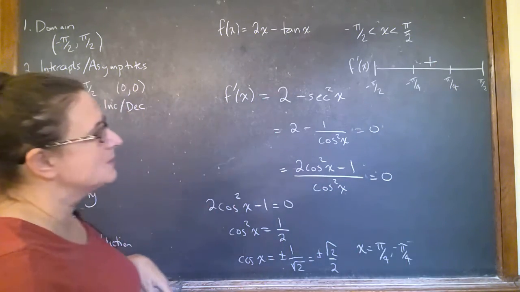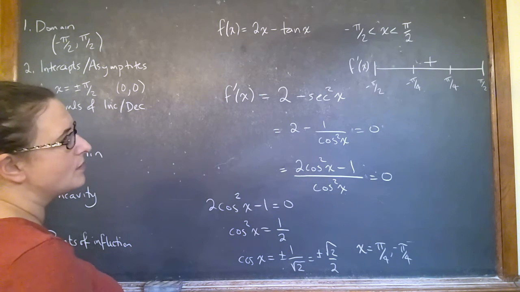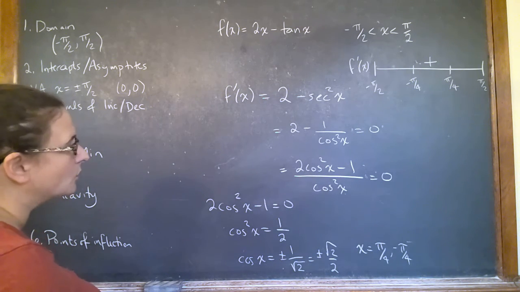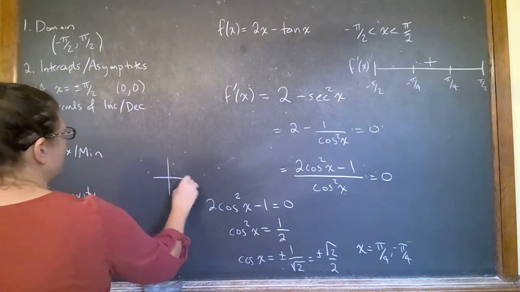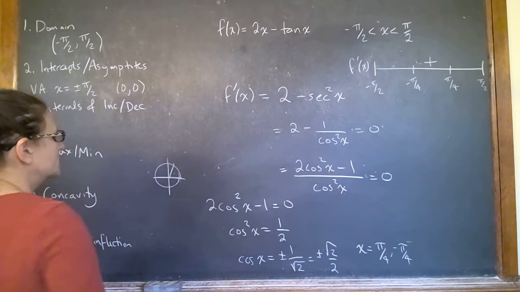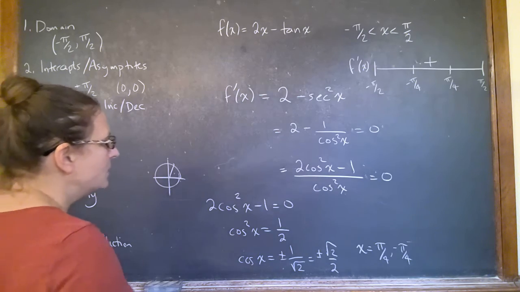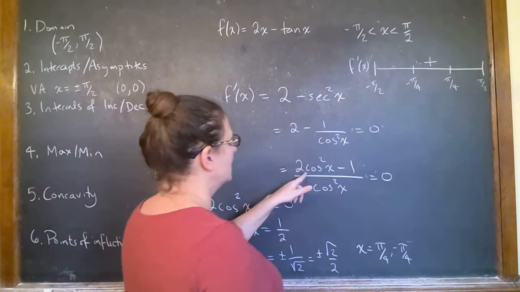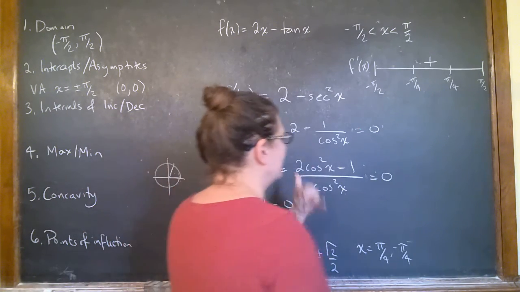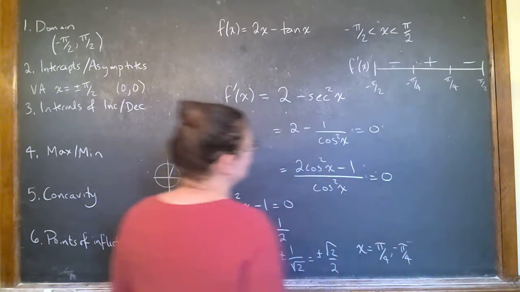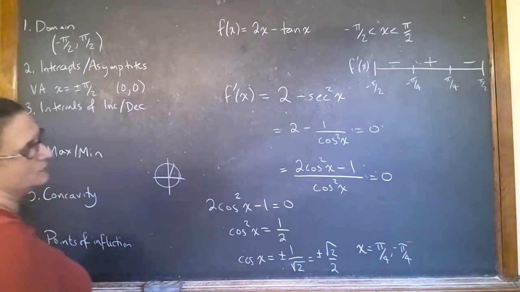If I try something between pi over 4 and pi over 2, say pi over 3, cosine of pi over 3 is going to be 1/2. So this would be 2 times 1/4, so 1/2 minus 1, that's going to be negative. And the same thing's going to happen over here, because it's cosine squared, so it would still be 1/4.